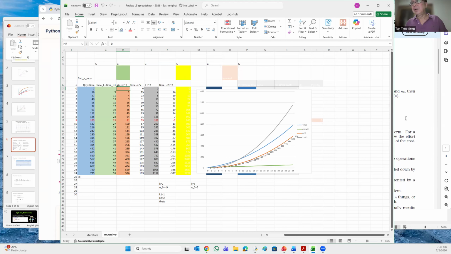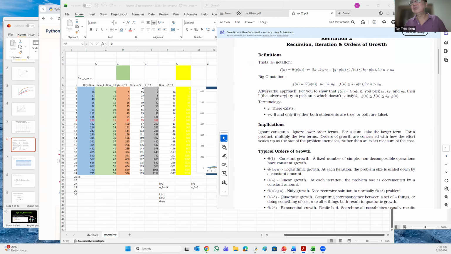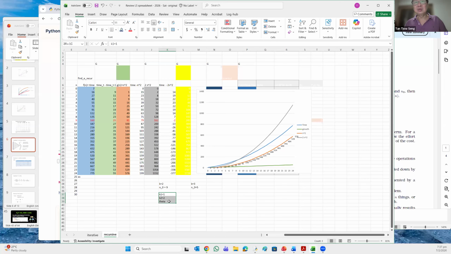Okay, and it tells you that you want to find K1 and K2 multiplied to Gn so that the function, the time, is between the two guys. In this case, if you choose K1 equal to 1, K2 equal to 2, indeed the Fn is theta of Gn.